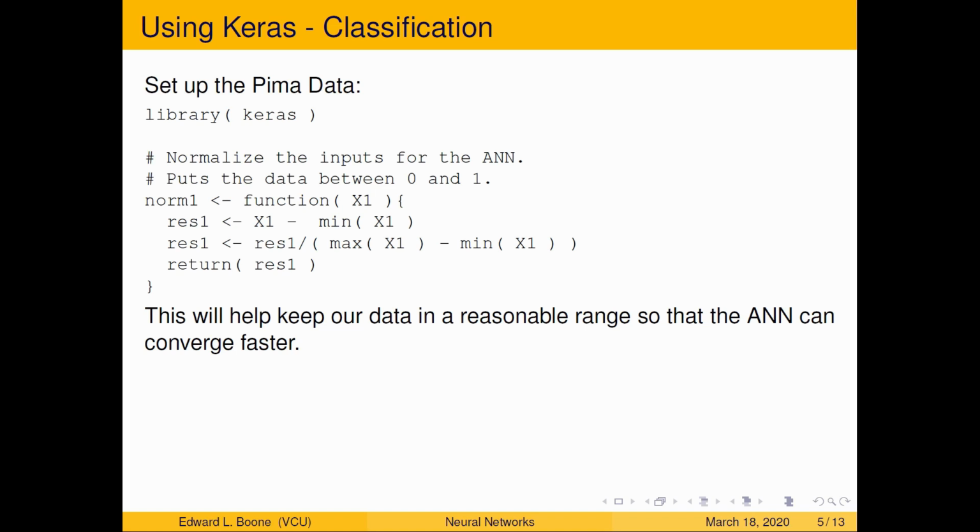What this little function does is bound the data between 0 and 1. It takes whatever value we have, subtracts off the minimum, and then divides by the range. This allows us to scale our data so it's all on the same scale between 0 and 1, which makes convergence much, much easier.